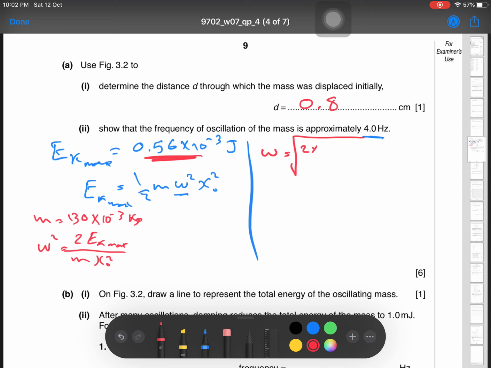We have 2 times the kinetic energy, 0.56 times 10 to the power of negative 3, since we have millijoules, divided by the mass. What is the mass? 130 times 10 to the power of negative 3, multiplied by x, which is the displacement, 0.8 times 10 to the power of negative 2, all squared.